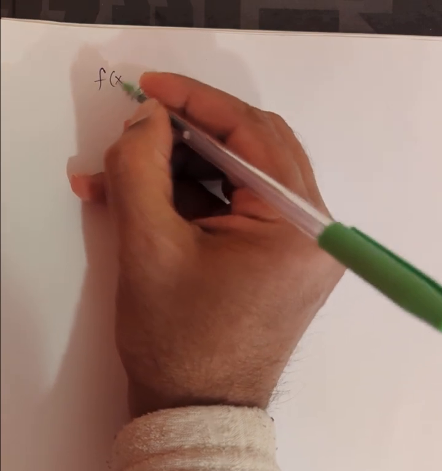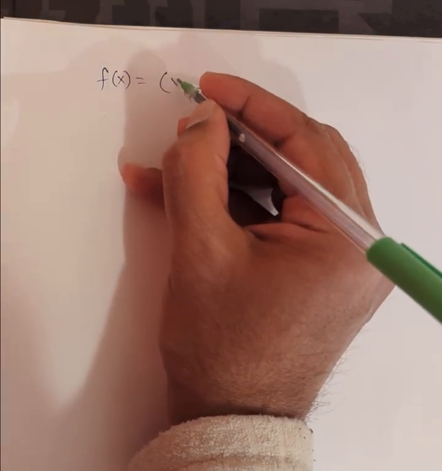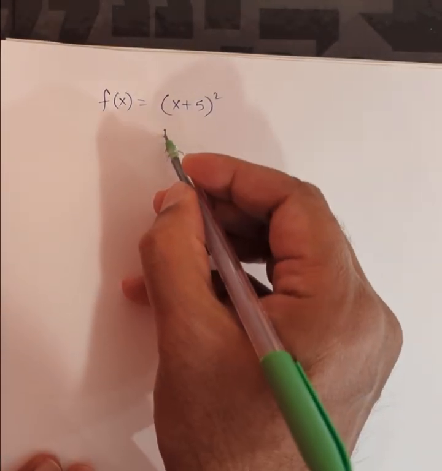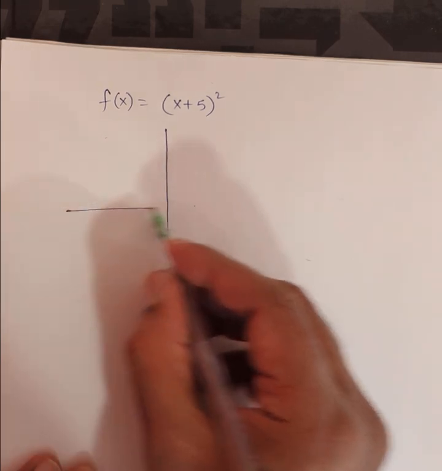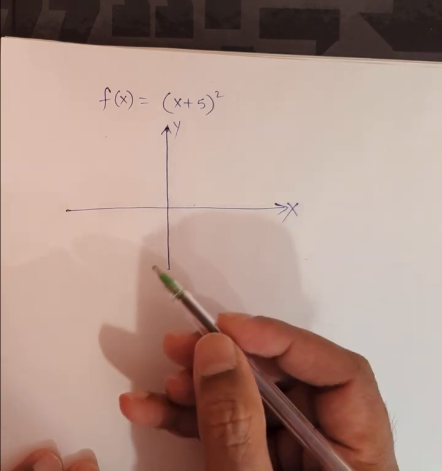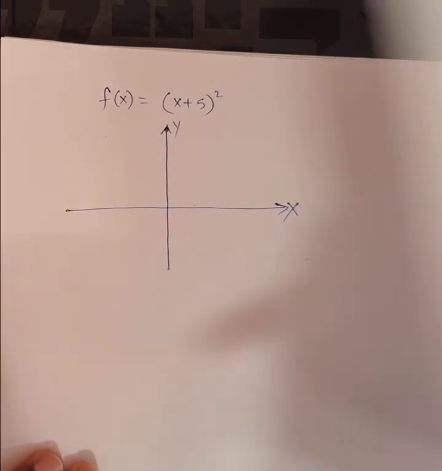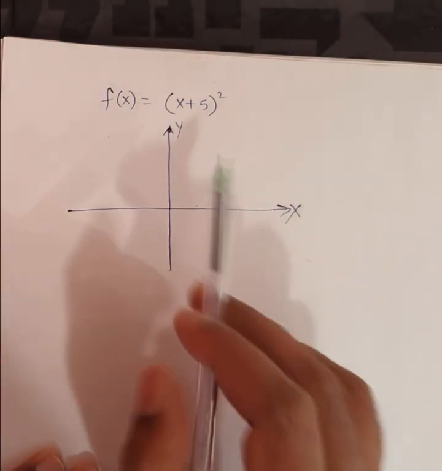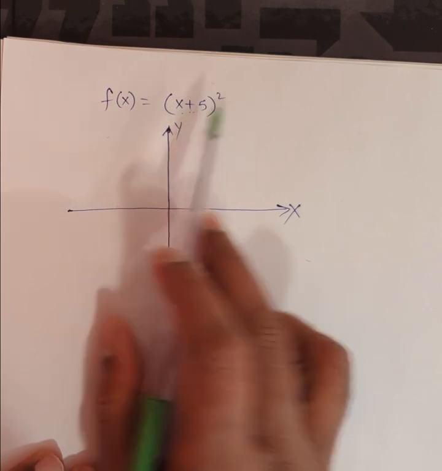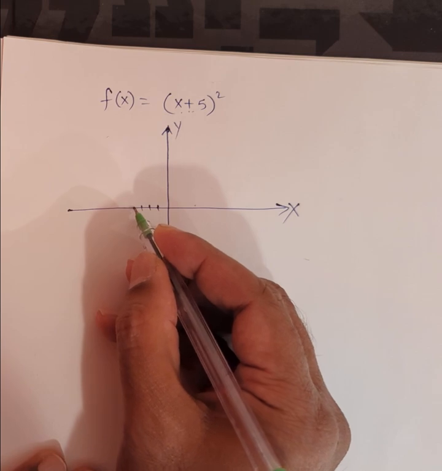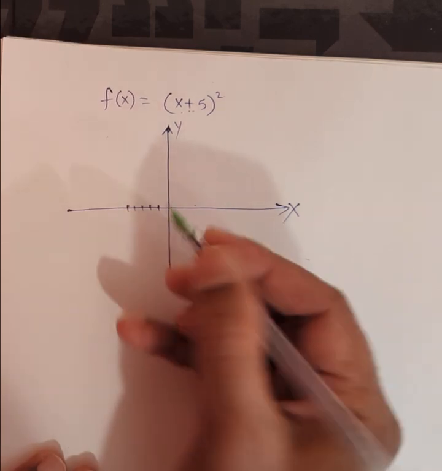Now on the other hand, if I have an equation that is (x plus 5) quantity squared, what kind of shift am I going to observe? This time, if (x minus 3) quantity squared caused a right shift, then our guess is that this will be a left shift, and it is correct. 1, 2, 3, 4, 5 on the left side.